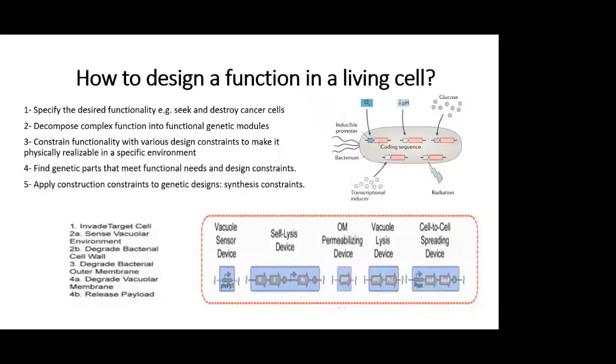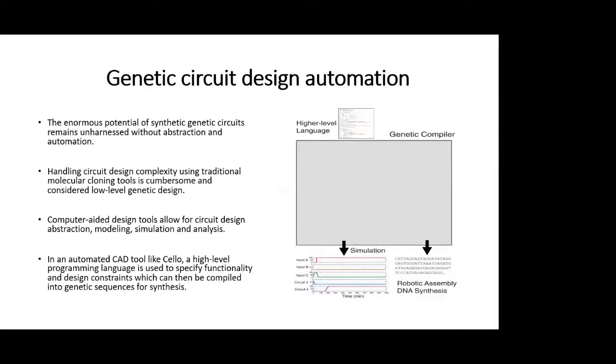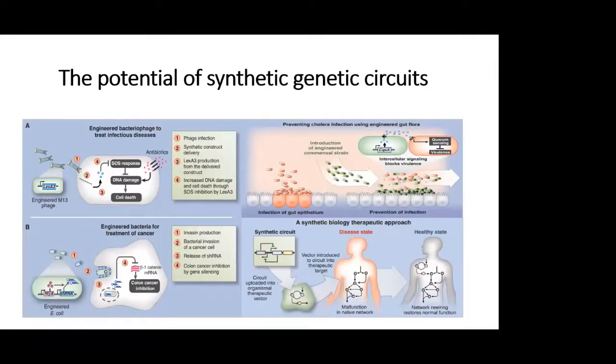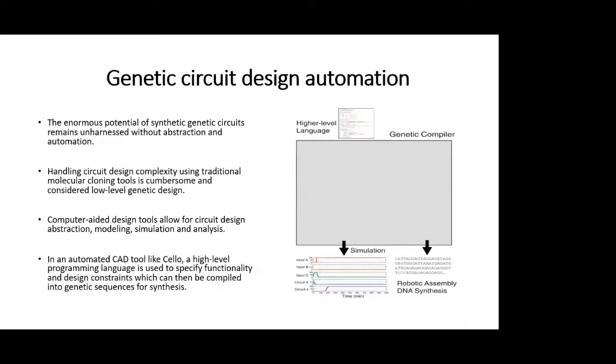As I told you in the beginning, we have enormous potential of synthetic genetic circuits that are still unharnessed, but we need to develop tools that can automate and abstract the circuit design. And also, more importantly, we need to learn how to design circuits at a larger scale. This is called the design principles.